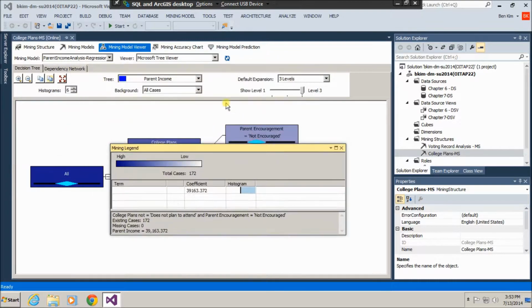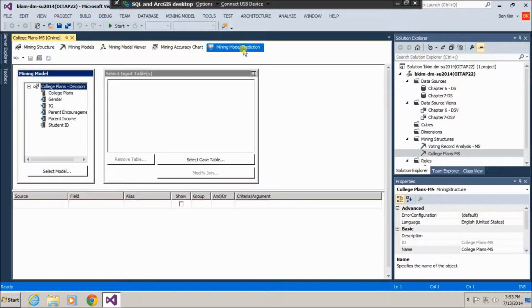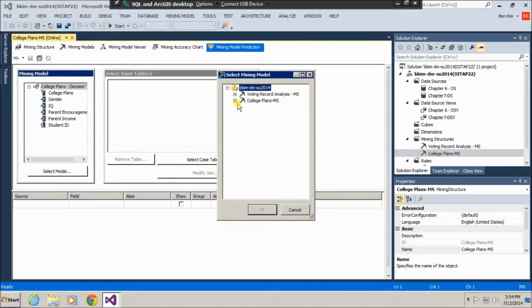So let's go to mining model prediction. Since we have more than one model, you have to select the right model. So go to select model, and we have to choose which one we're going to use.